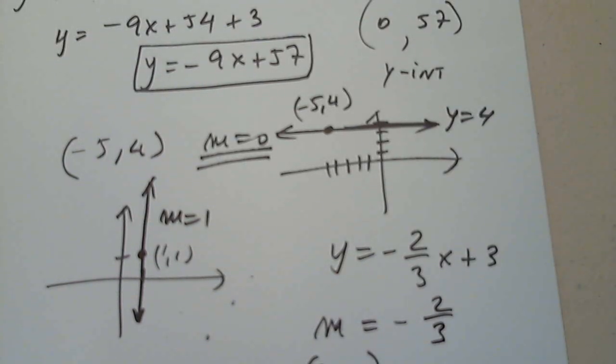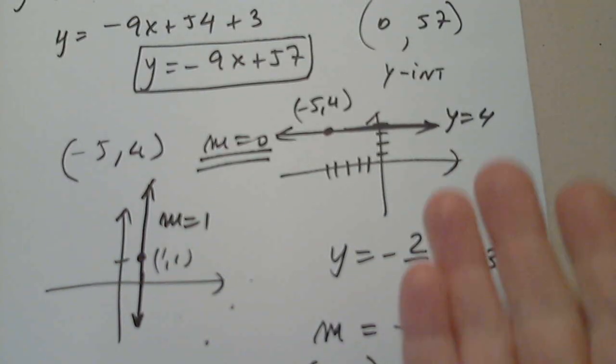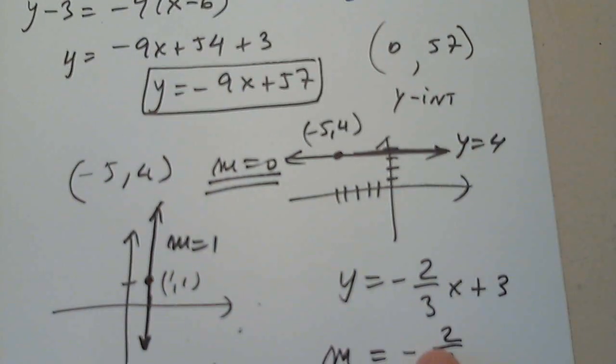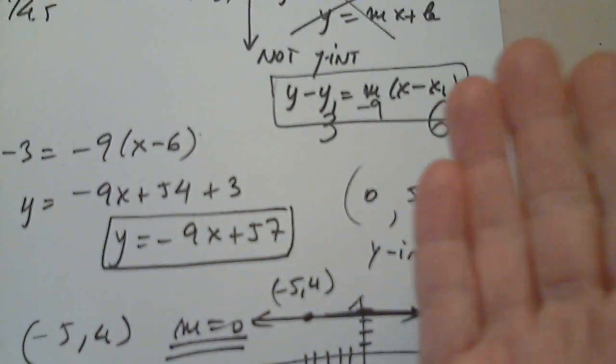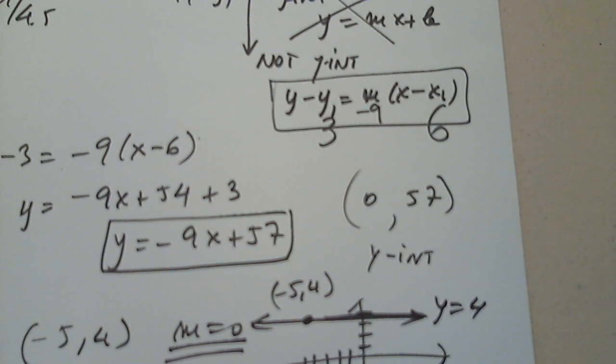And then the y-intercept is? Three. 0, 3. Perfect. Okay, so that was similar to this problem. Here they were asking slope and the y-intercept. Here they're asking slope and the point.